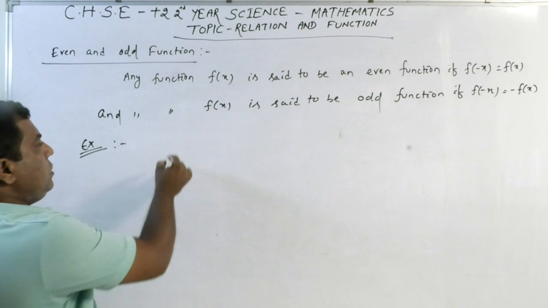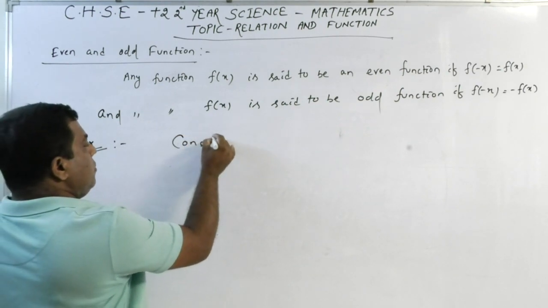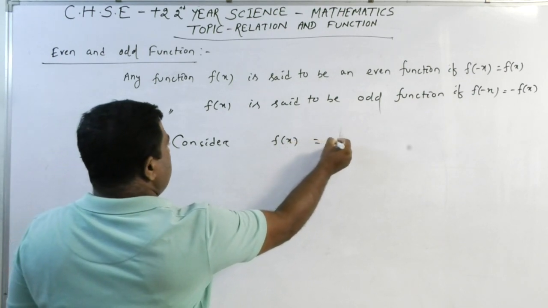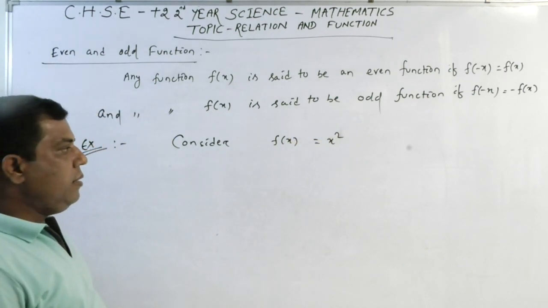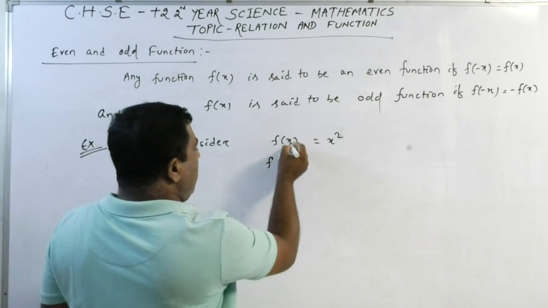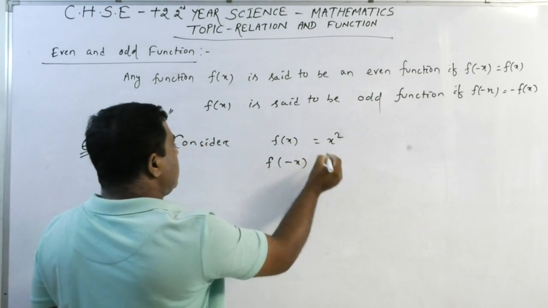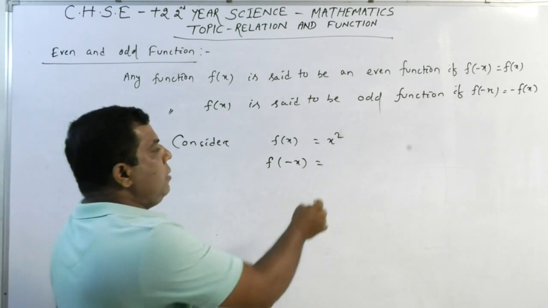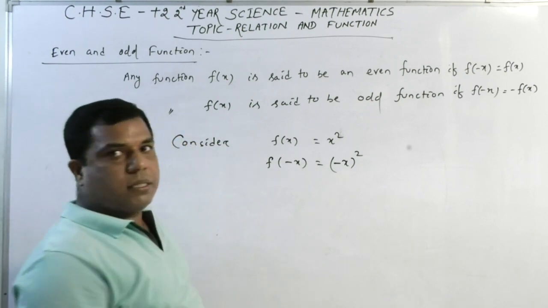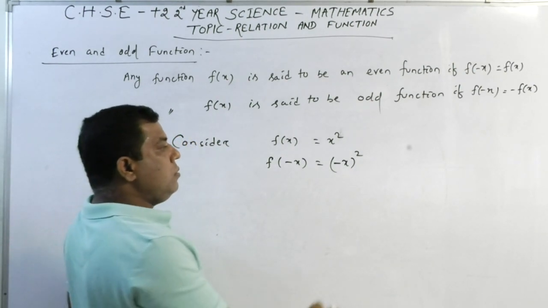Consider f of x equals x square. If I replace x by minus x, what do I obtain? It is the square of the value minus x, which is again x square. Yes or no?